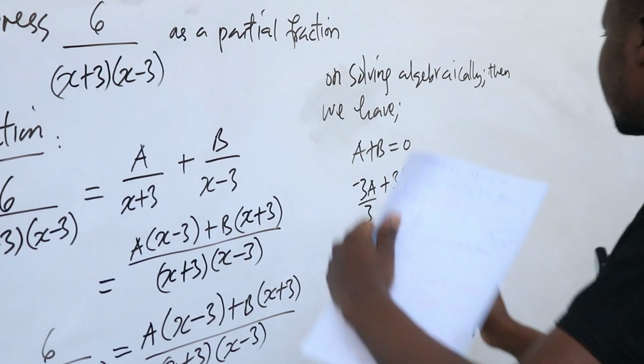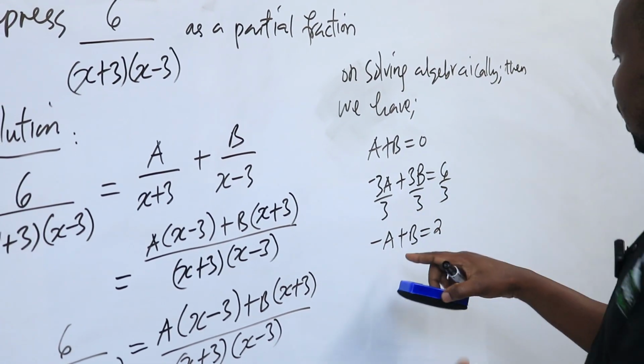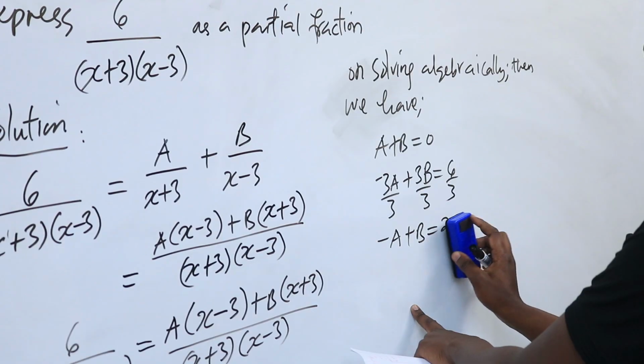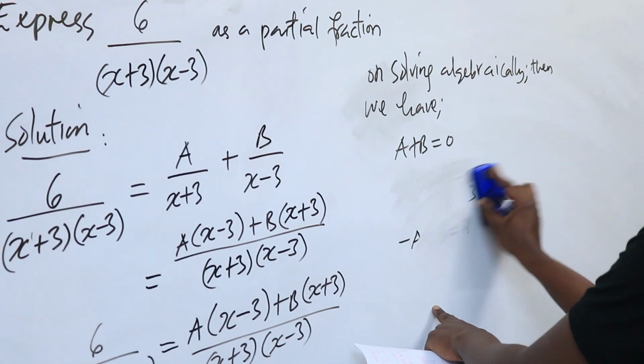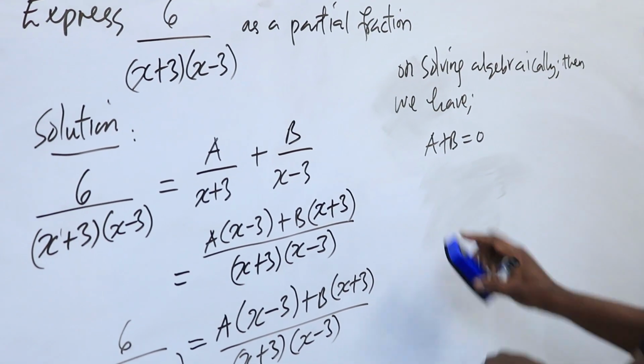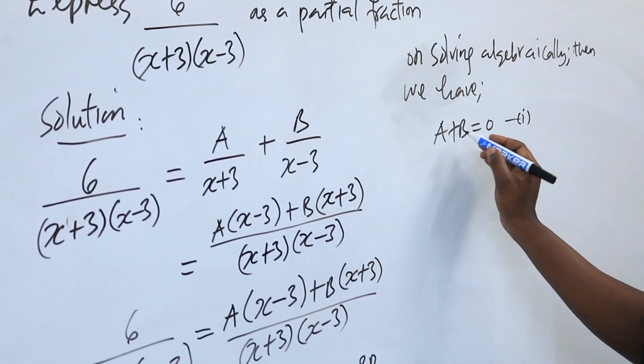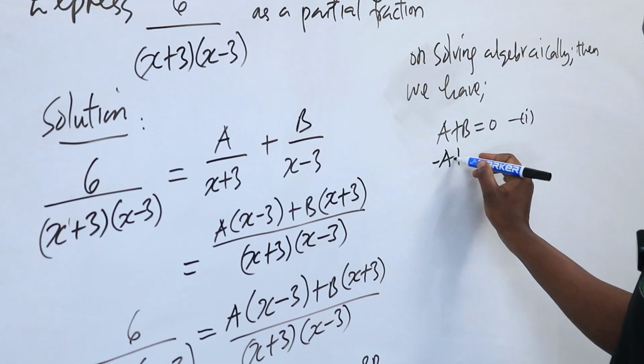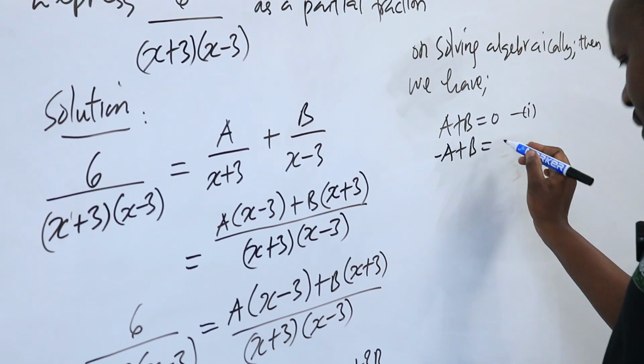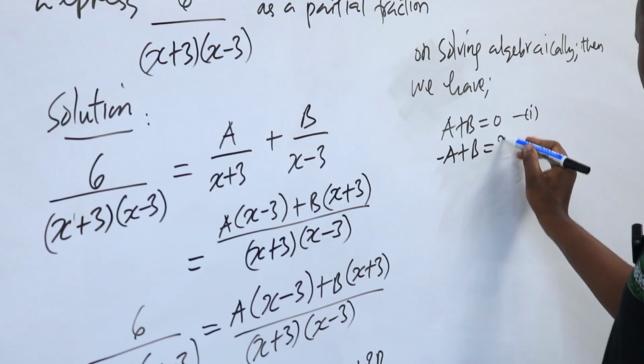So we have modified the second equation, and it now becomes negative a plus b equals 2. So this is number 1. So number 2 becomes negative a plus b equals 2.